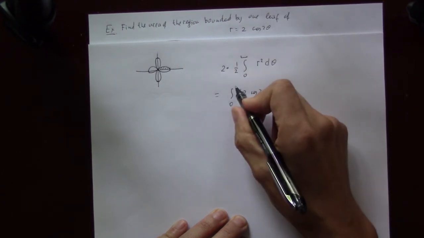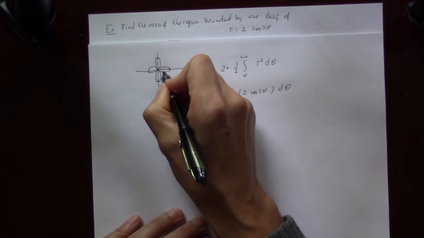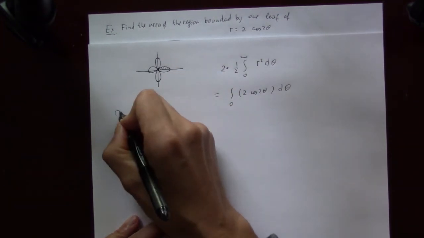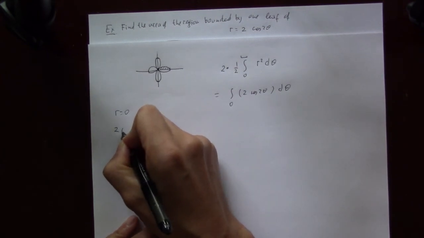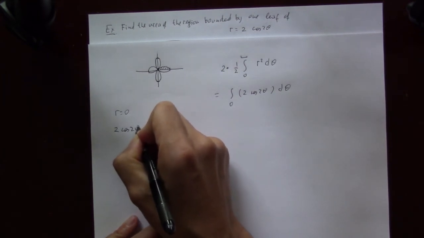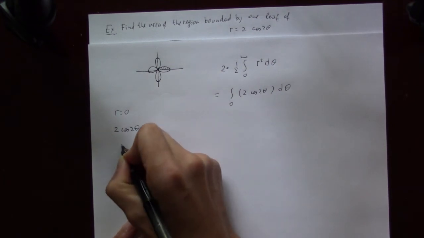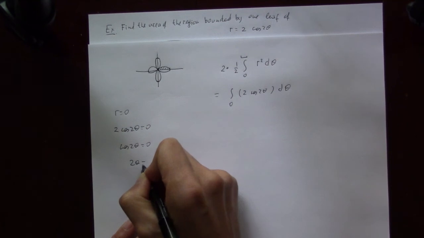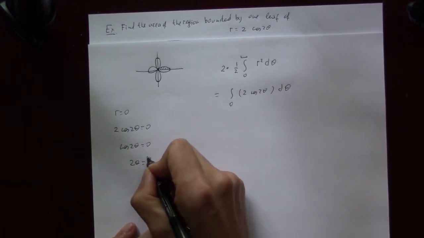Now to find the upper limit, that's when we're going to hit the origin again, so when r equals 0. So we have 2 cosine of 2 theta equals 0, so cosine of 2 theta equals 0. So cosine of pi over 2 equals 0.